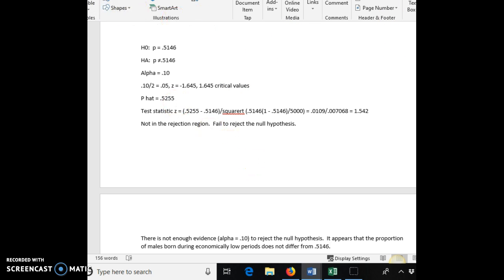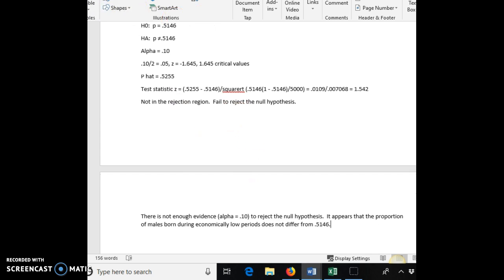All right, now while we're here, let's go ahead and look at this as if we had done the p-value approach. Recall, if we do a p-value approach, we do not do the critical values. We instead take our test statistic, 1.542, and we look up what the p-value is.